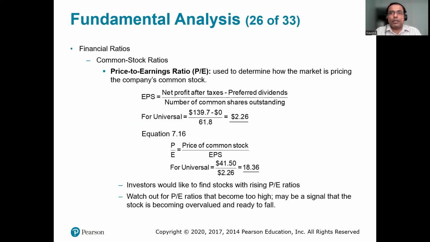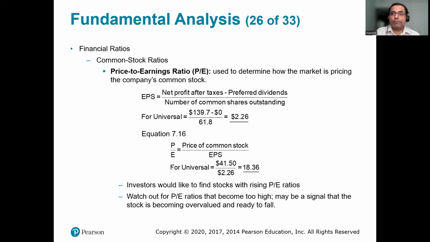Other stock ratios, price to earnings ratio, which is called the PE ratio. Here we take the net profit, subtract the preferred dividends and divide it by the common shares outstanding. That gives us the earnings per share. Then we divide the share price by the earnings per share.